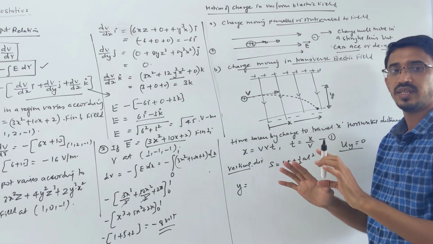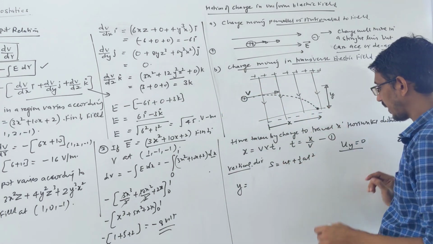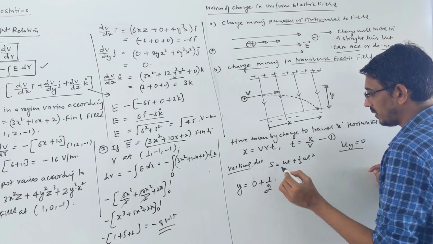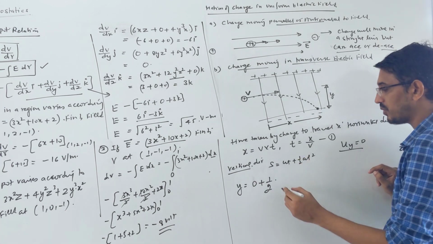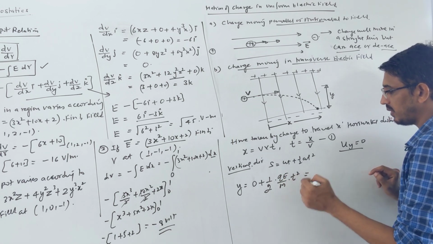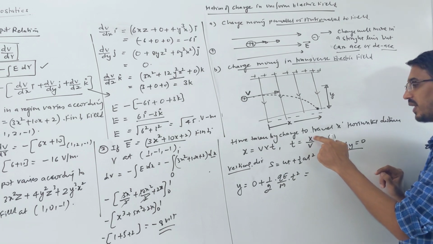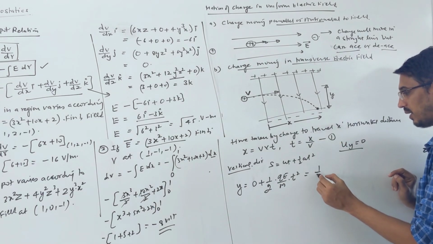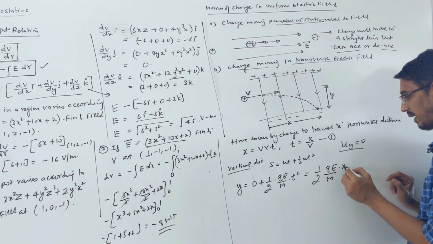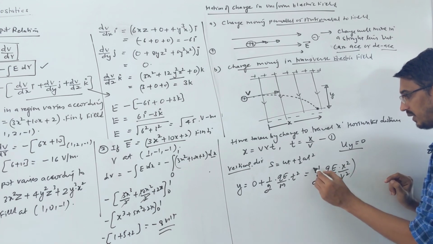So initially there is no vertical velocity at all. So u is 0, so it becomes 0 plus half, acceleration, you know, force by mass, QE by m, into t square. t we know from here, in terms of x and initial velocity, so half QE by m into x square by v square, right?